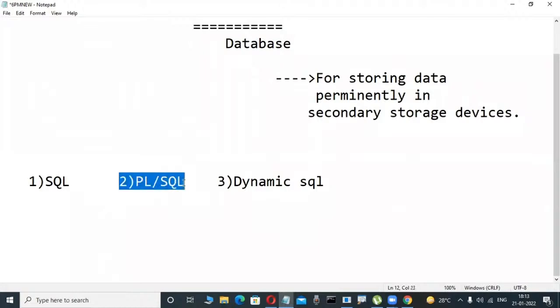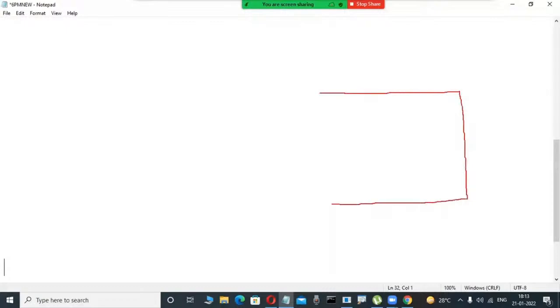Why is this language required? So many applications. For example, you are a first-time newcomer, so how will you understand? Concentrate here. Why PLSQL is required, just for the idea, I'm telling some applications. Slowly observe here. Daily, so many people go to banks for depositing or withdrawing money.